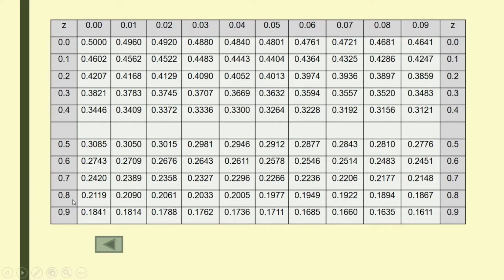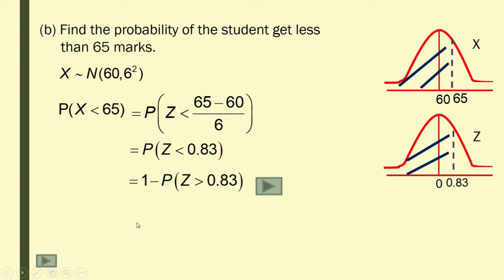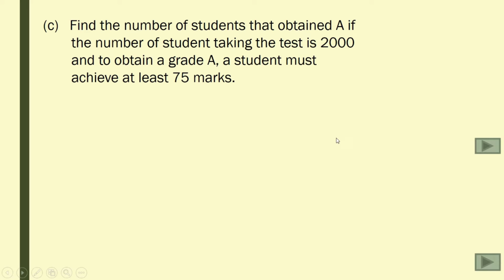We look at the first column, the value is 0.8, and at the top 0.03, so the corresponding area is 0.2033. So we get 1 minus 0.2033, and the answer is 0.7967.